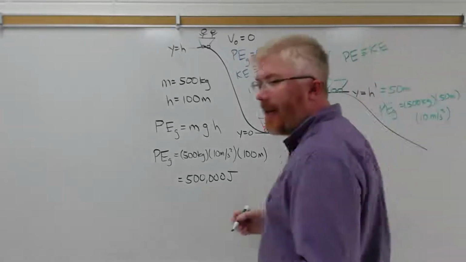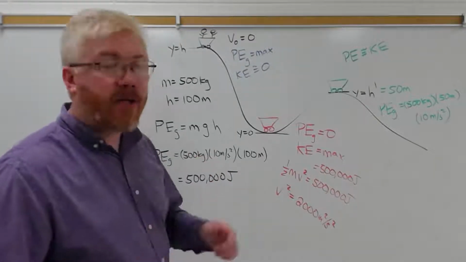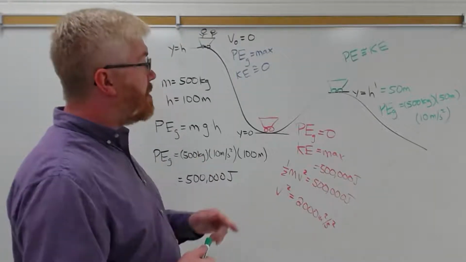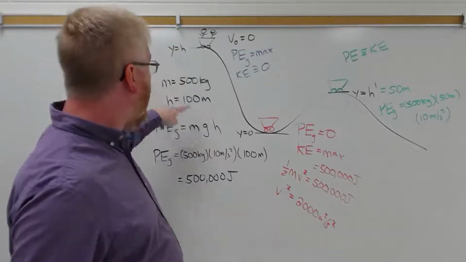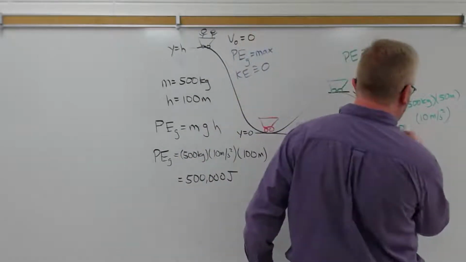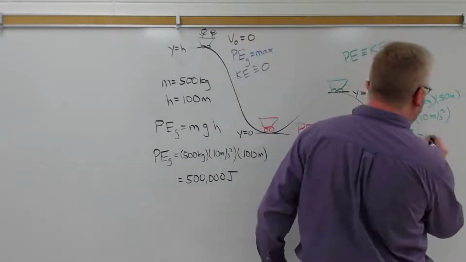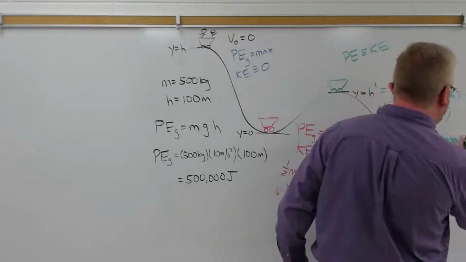Again, I'm only using 10 as an approximation so I can do the math quickly. You'll want to use the actual 9.8 value in your homework problems. So here we have, well, it's half the height, so it should be half of it: 250,000 joules at that point.